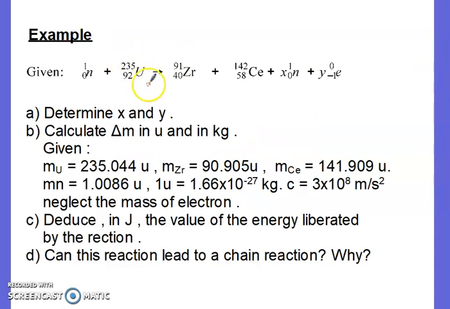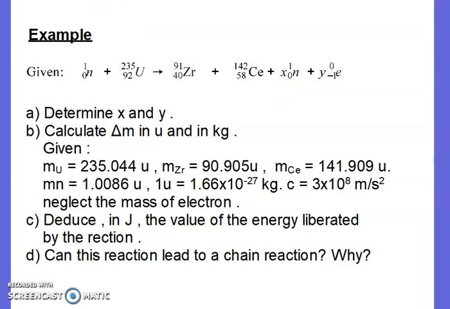Example. In this example, we have this reaction. Okay? Uranium bombarded by neutron. Determine x and y. Here is x and here is y. Of course, apply what? Conservation of mass number and atomic number.